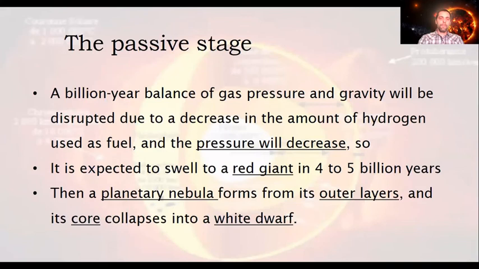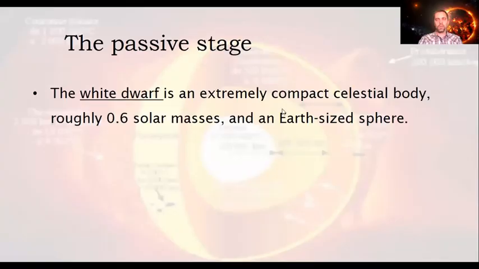Then its outer layers become a planetary nebula and its core will collapse into a white dwarf. The white dwarf is a really compact celestial body because it will contain more or less 60% of the solar mass, but its size will be only Earth-sized.